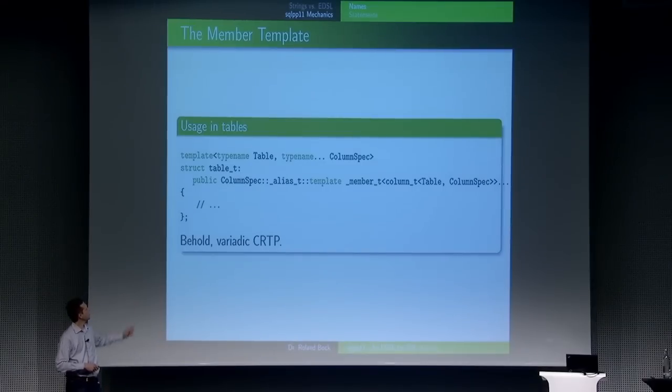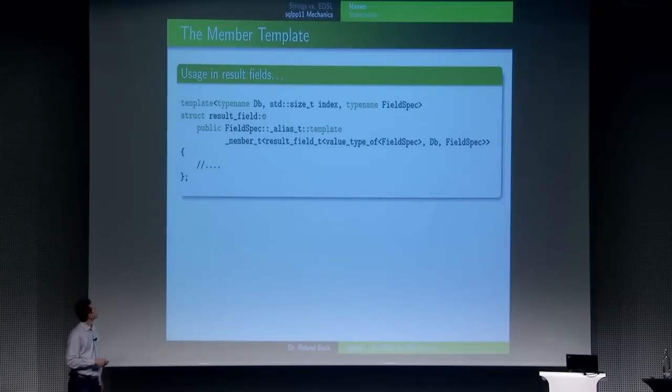Yeah, variadic CRTP, by the way. But anyway, so this is one result field. A result field gets from the select statement, for each column that is selected, one result field specification, this one here, the field specification, which contains basically the information of the name and the type of the selected column, right?